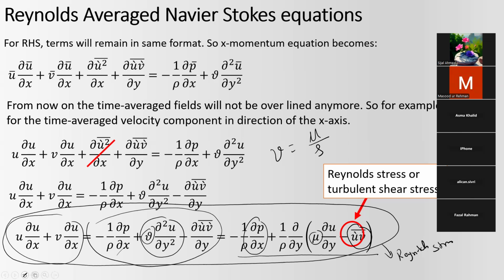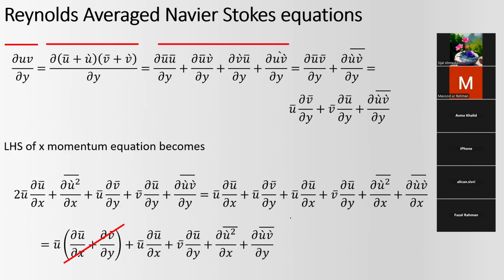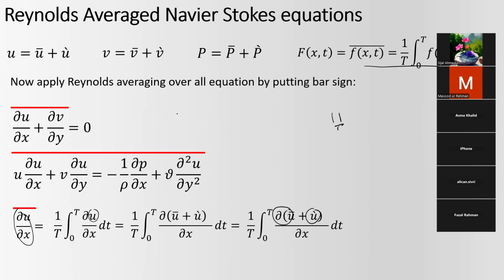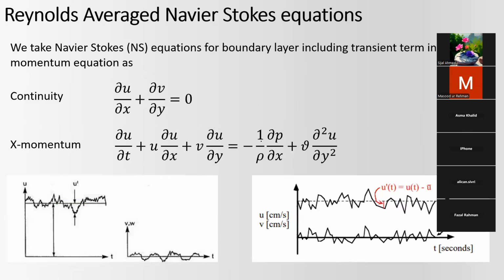Now if you take a look at the equation completely, this term and this term are exactly the same as without averaging. Go back and you will see the equation given here: minus 1 upon rho delta p by delta x.